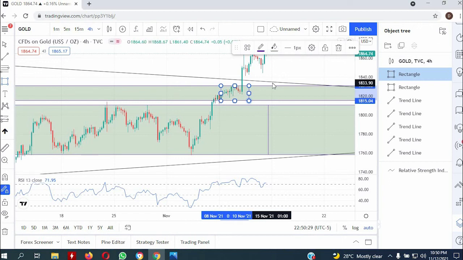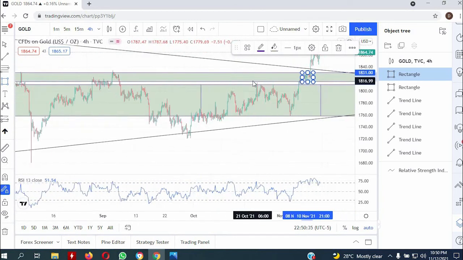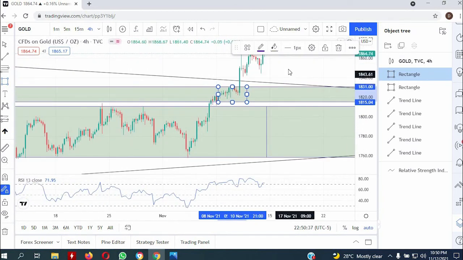But for now, you'll have to watch carefully what the gold is doing with this structure. And then watch how the gold reacts to this area right here for support. If the gold fails to break through this area, you can look at a buy trade.